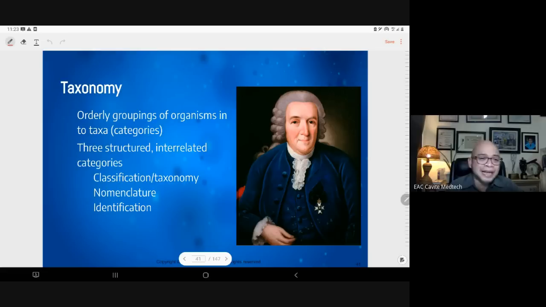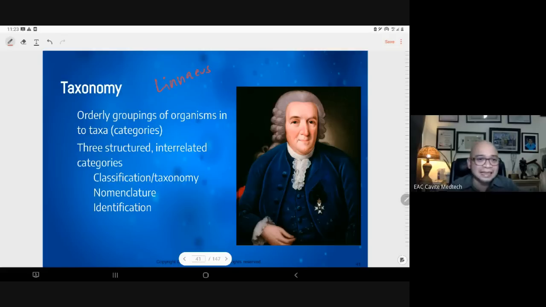And this was actually introduced by Carl Linné. The one that you can see in the photograph is Carl Linné, spelled like this. Carl Linné is the father of taxonomy because he systematically classified all living organisms.